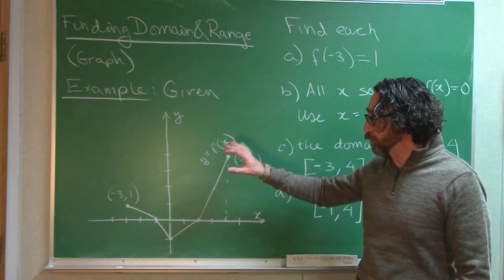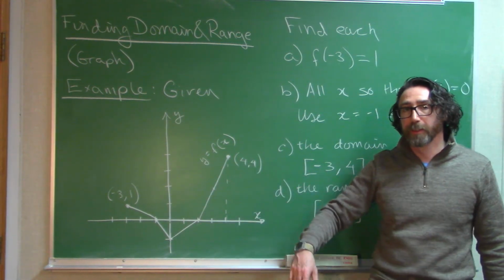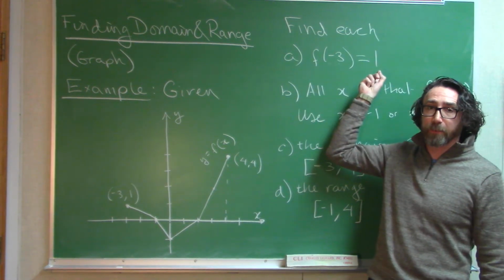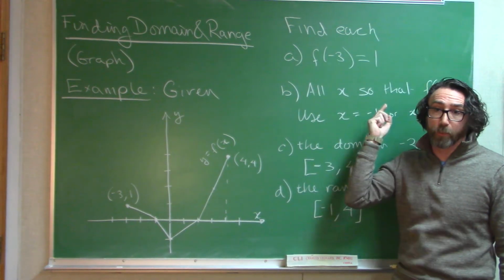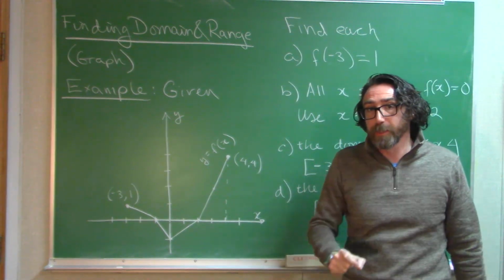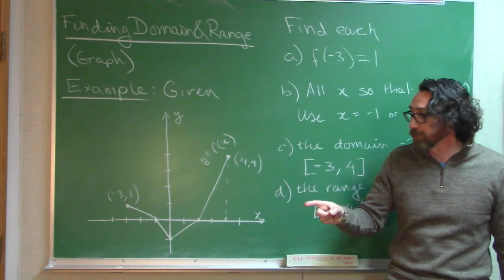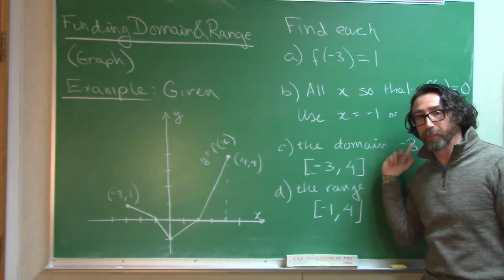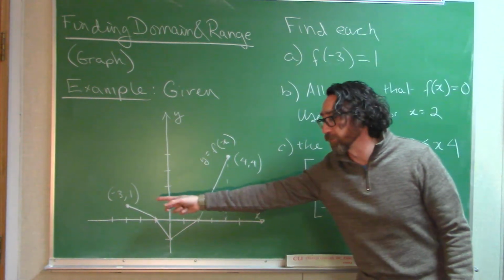Okay, so if you've got the graph of a function, not only is it very easy to take an input and figure out the output and go backwards, you can also look at the picture and determine the domain and the range. To find the domain, look at the possibilities for x-coordinates of the points on the graph.